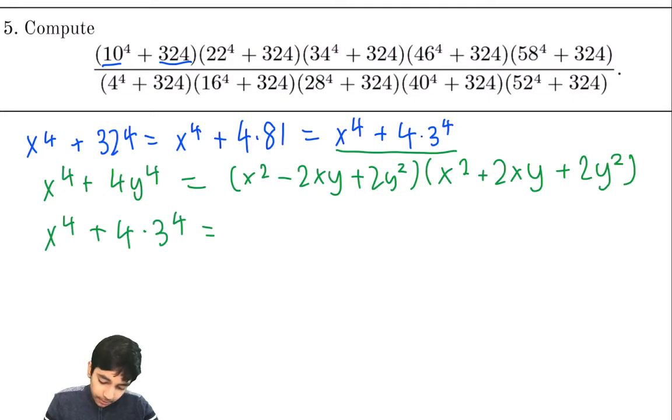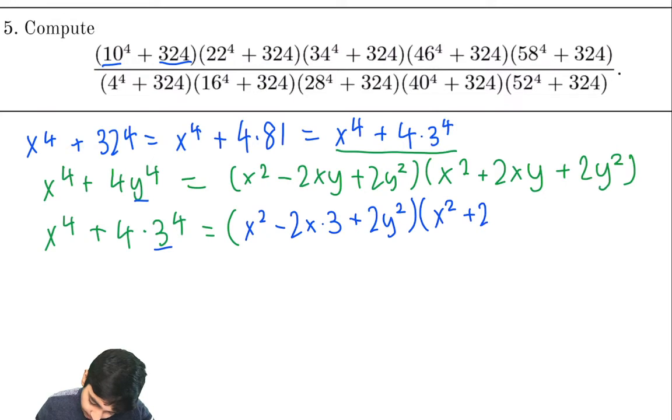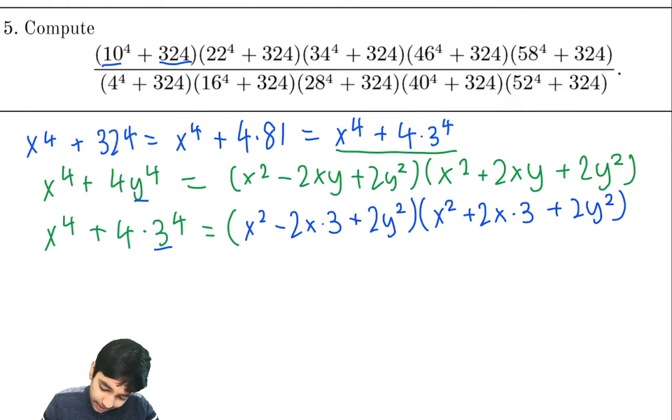So then x to the 4 plus 4 times 3 to the 4 will just be equal to, substituting y equals 3, x squared minus 2x times 3 plus 2y squared, times x squared plus 2x times 3 plus 2y squared. Oh, yeah, right, I don't know why I'm writing y.